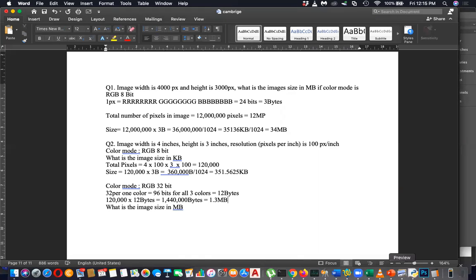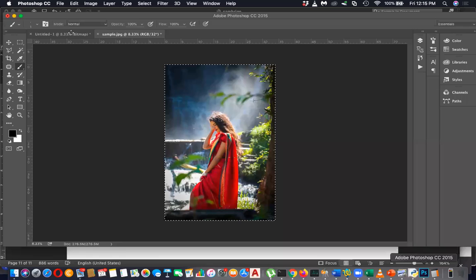Let's check this with an actual example. Let's go to Photoshop. I'm going to take a new image, File, New. First, the image size.